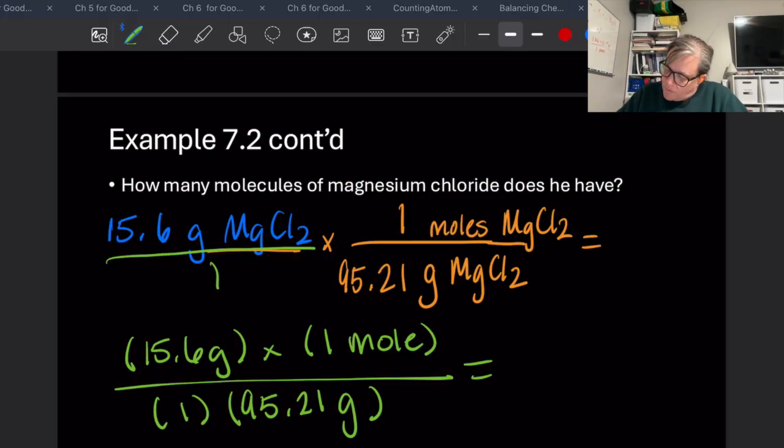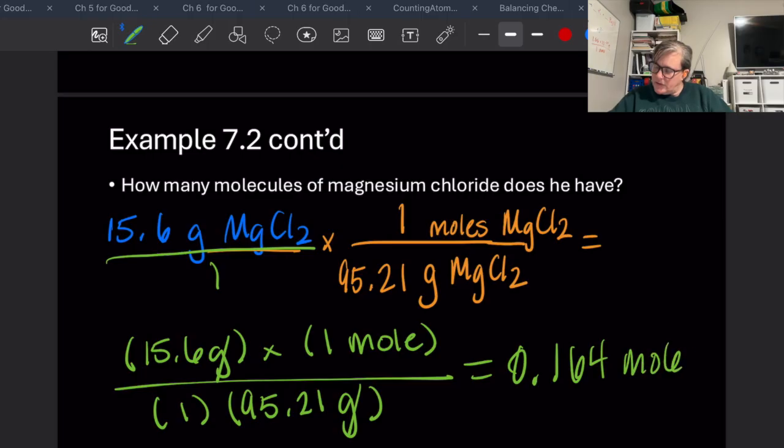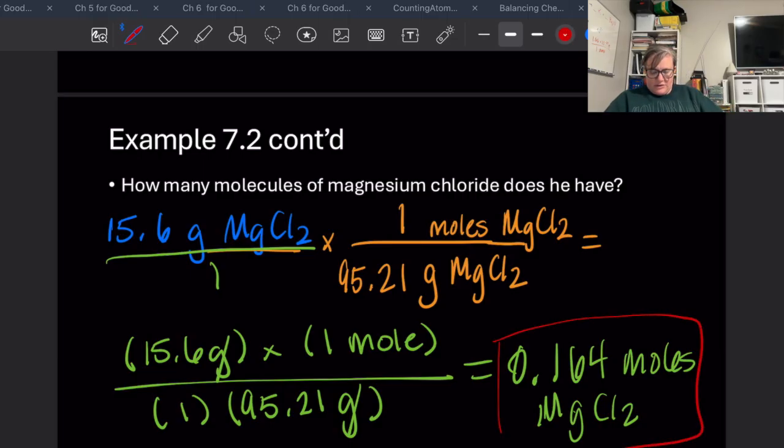So our unit grams are going to cancel out, and basically we're going to have 15.6 divided by 95.21. If you put that in your calculator, you should get 0.164 moles of MgCl2.